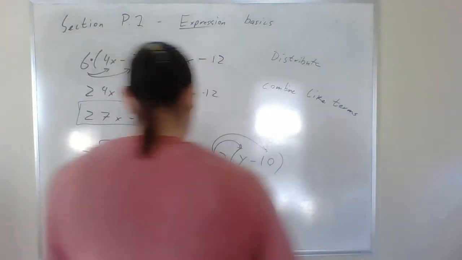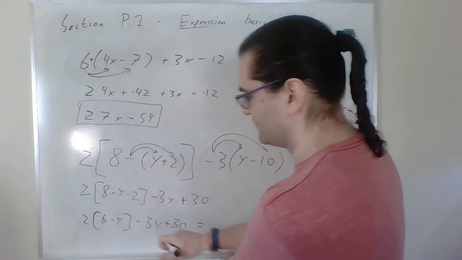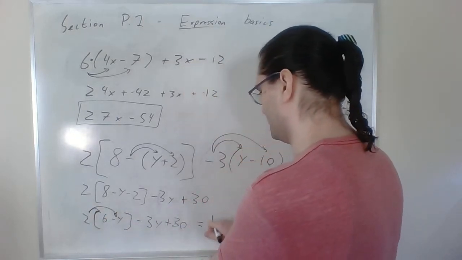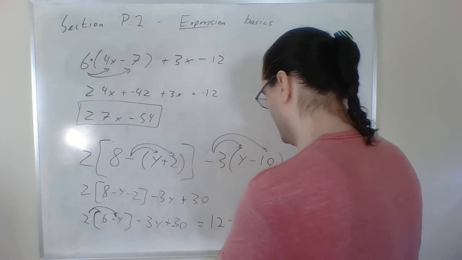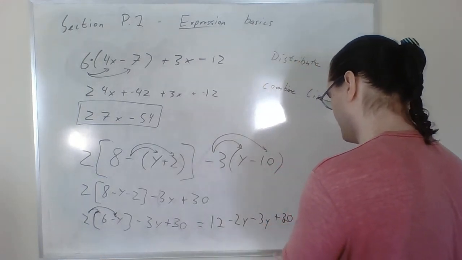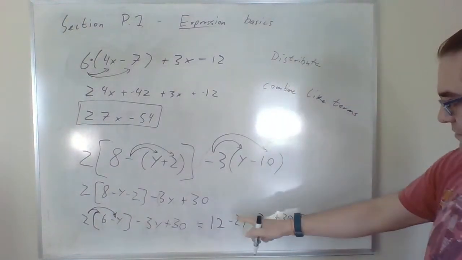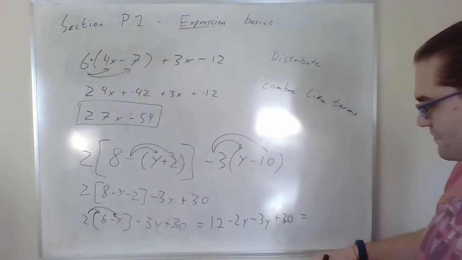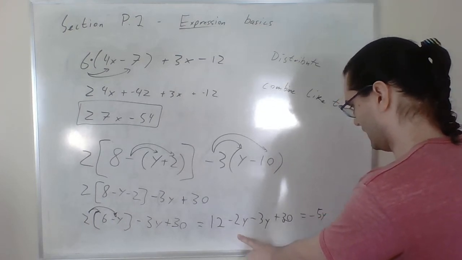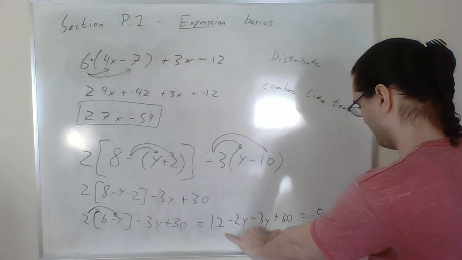So then I can distribute the 2 now. So this is going to be 12 minus 2y minus 3y plus 30. And I think in the end, after I combine all these guys, I'm going to have a negative 5y and a 42.